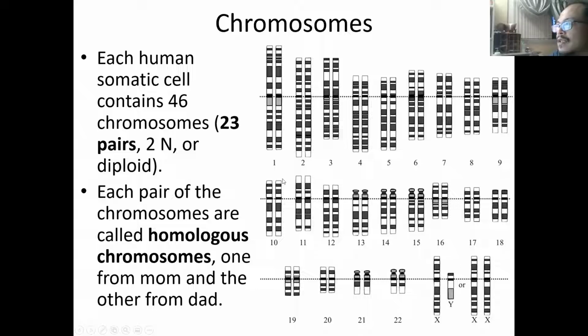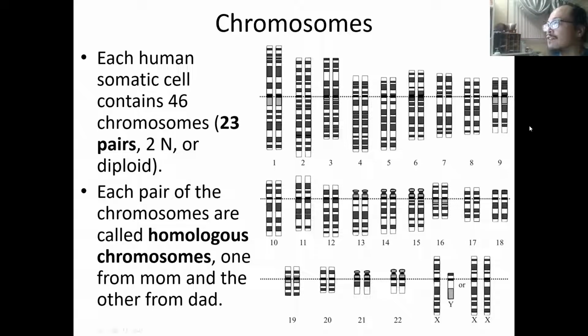So this is a body cell, and we call it 23 pairs. We also simply put it as N. N basically is a number, the variety of the chromosomes, N types or N different chromosomes.